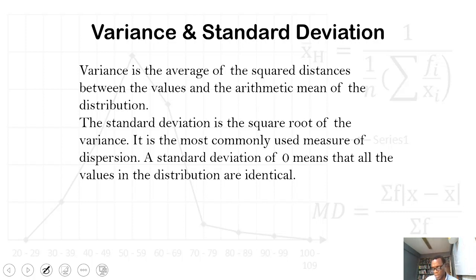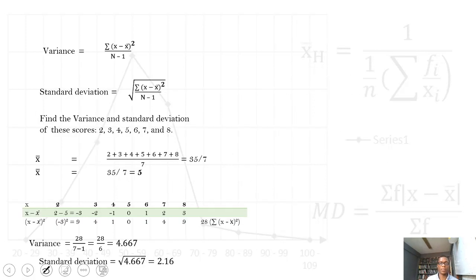And we should state here that the standard deviation is the most commonly used indicator of dispersion or spread. A standard deviation of 0, for instance, means that all the values in a distribution are identical. That is, there is no deviation from the mean of a given distribution.